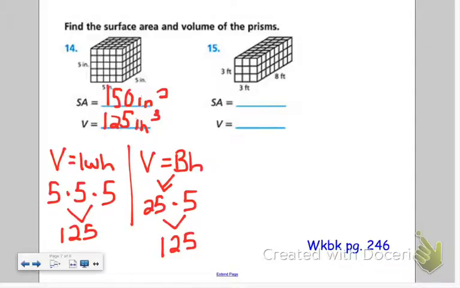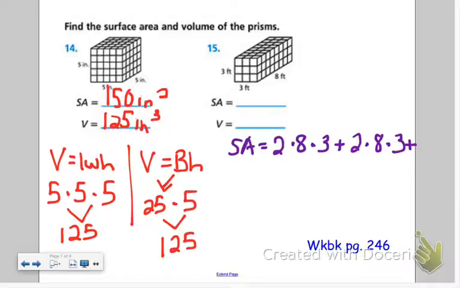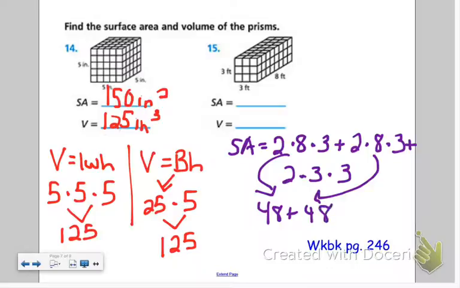Take a look at this rectangular prism for number 15. Surface area. I might use the formula here. 2 times length, which is 8 maybe, times width, which is 3, plus 2 times length times height, plus 2 times width times height. And let's see, I will move this down here. 2 times 8 times 3 is going to give me 48. 2 times 8 times 3 is going to give me also 48.